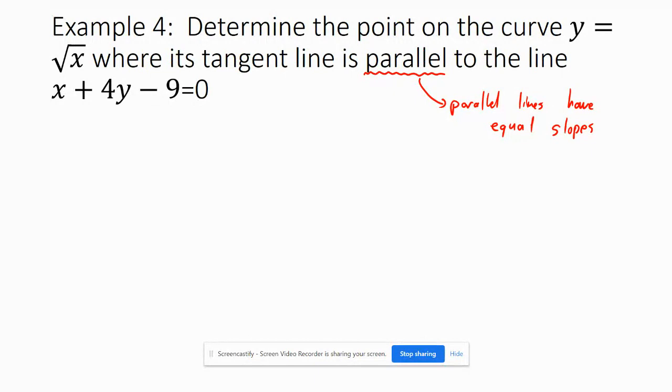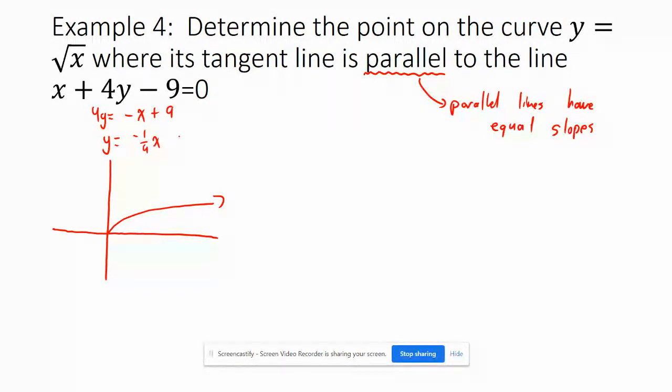So here's what we're saying. We have a curve y equals root x. I'm just going to take a look at this one over here. This is 4y equals negative x minus 9. That means y equals negative 1/4 x minus 9 over 4.